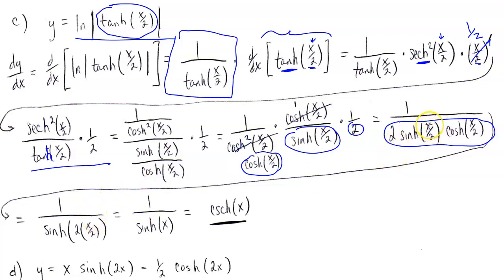The argument is just going to be x divided by 2, so that's why we have that there. And 2 times x divided by 2 is just x. The reciprocal of sinh is cosecant hyperbolic here. So that will be our final answer for example C. Now we'll move on and do example D.